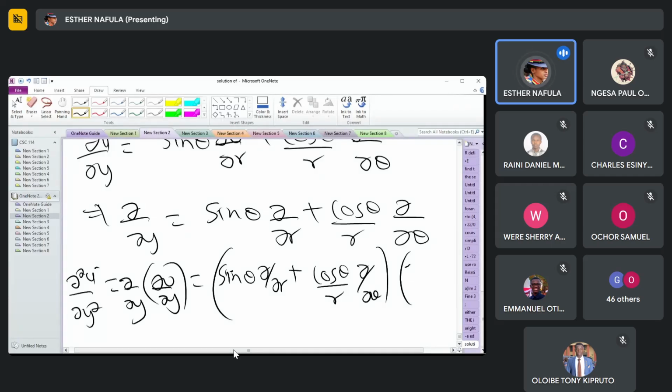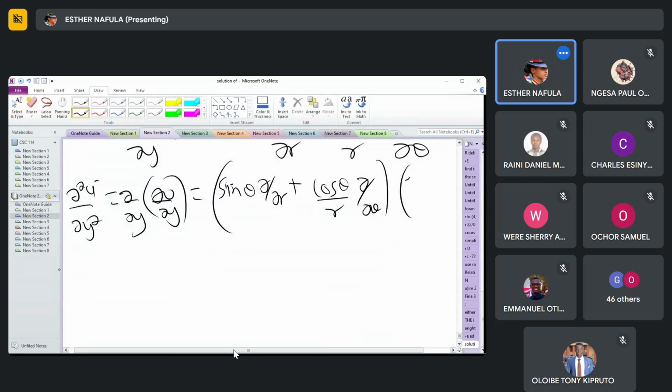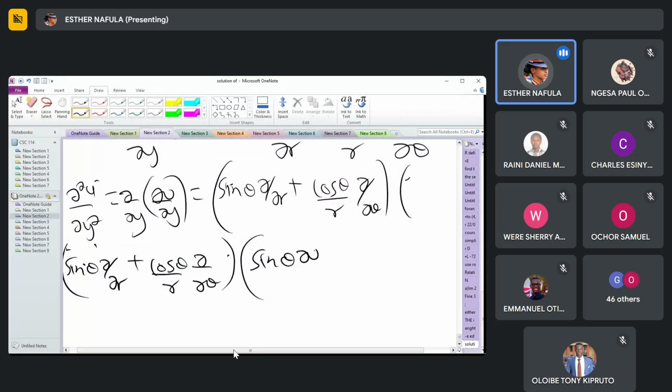It will not fit, so I need to rewrite this. This is sine theta partial r plus cos theta over r partial theta times sin theta partial u partial r plus cos theta over r partial u partial theta.